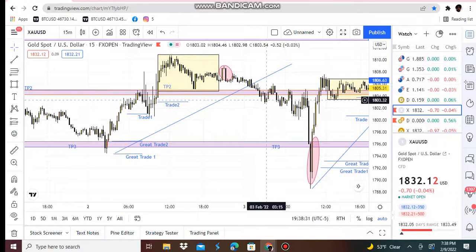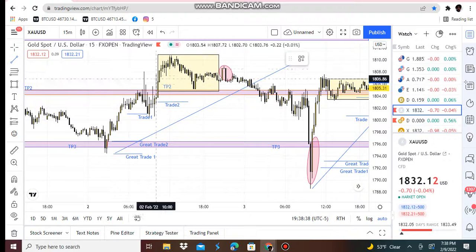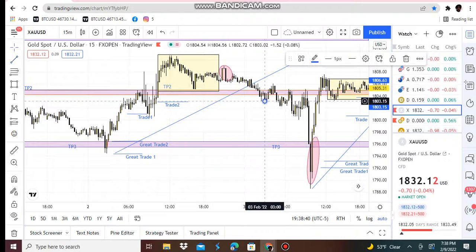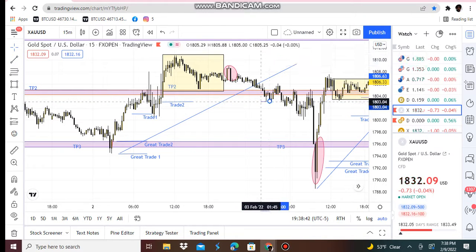Same thing here. You could have gotten an entry here, thinking price is heading back up at 1803. You could have gotten an entry right here, right at trade two.